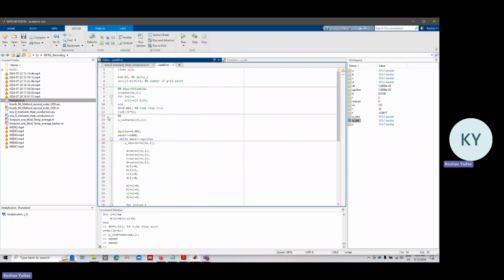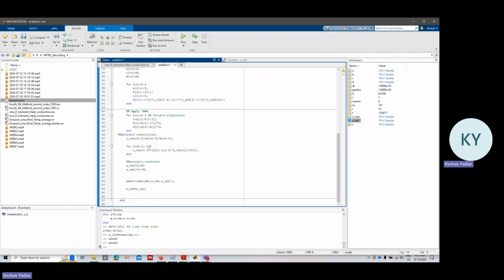Just to indicate how many iterations it has gone, I will start with some j. Suppose I am defining j equal to 1 here. And once one while loop is completed, I will do j equal to j plus 1. Now if I run this, it has converged in 13,000 iterations.